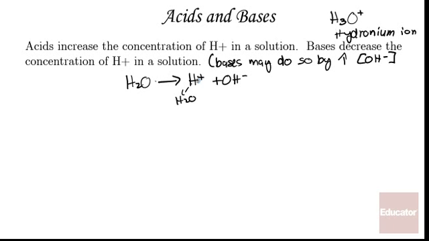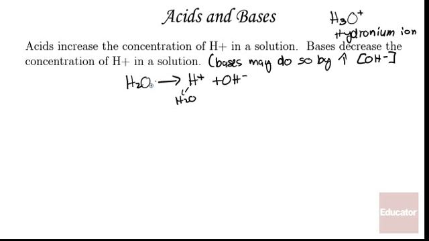But for simplicity, we're just going to refer to it as hydrogen ion. It dissociates into hydrogen ion and hydroxide ion, but you should know that in reality, this is not usually floating around loose. It's part of a hydronium ion. Overall though, water mostly exists in this state, H2O.